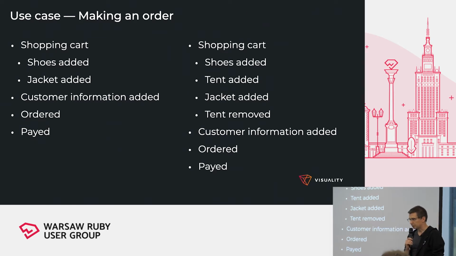Why was this tent removed? Maybe the guy who bought it or didn't buy it, maybe his wife was looking over his shoulder, or maybe his paycheck was late. Maybe we should advertise it to him in 2 days. Maybe he'll buy it. But we have to know about it.